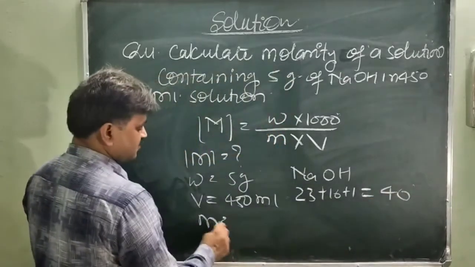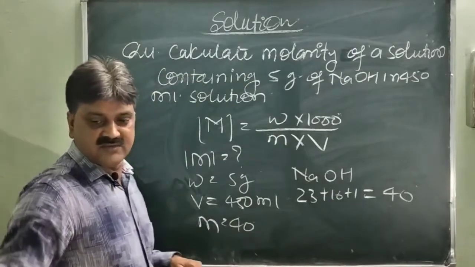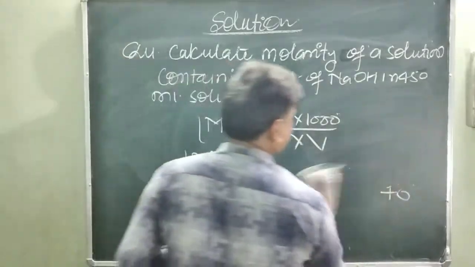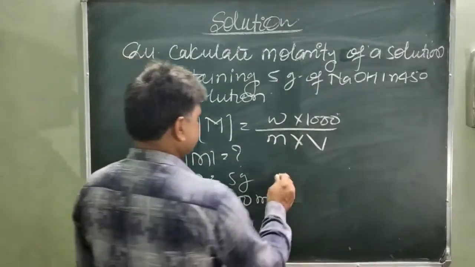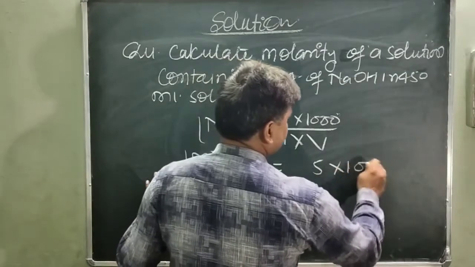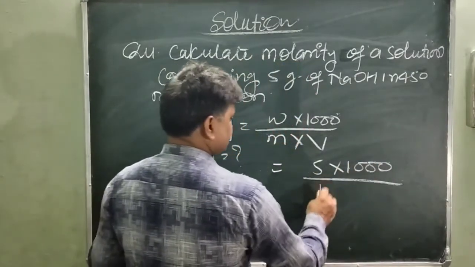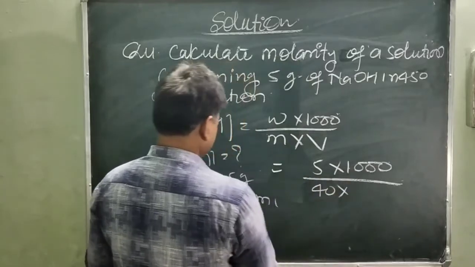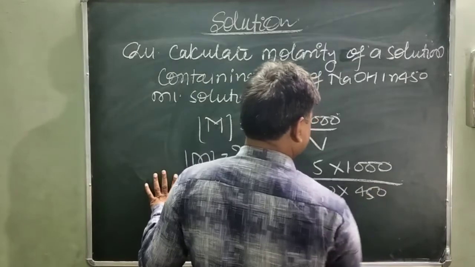So the molar mass of sodium hydroxide is 40. Now put the values in the given formula: W is 5 gram into 1000 upon molar mass 40 into volume of solution, given as 450 ml.